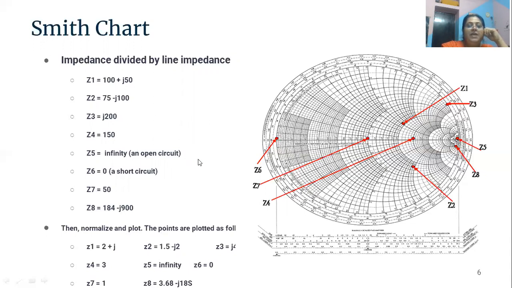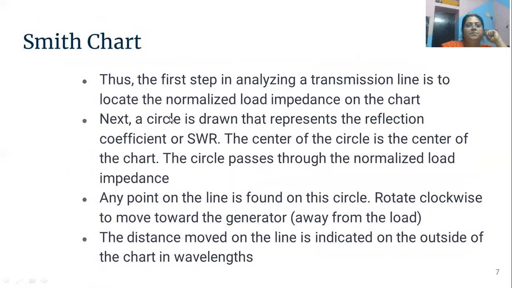So we have to make a scale, and in making the scale we normalize the range by dividing the impedances by the normalized value. Thus, the first step in analyzing a transmission line is to locate the normalized load impedance on the chart.